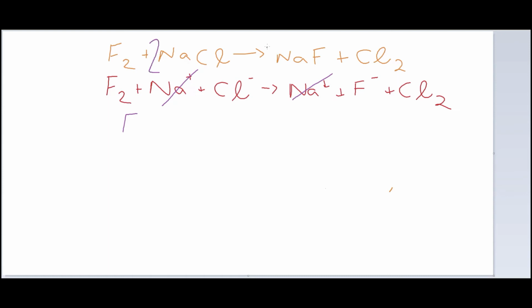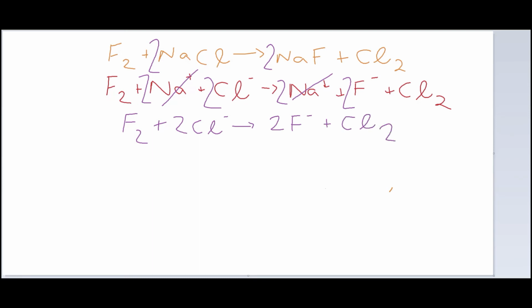I should put a 2 and a 2 here, which means this would have a 2, that would have a 2, and that would have a 2, because I have 2 fluorides. Okay, now I can do this. F2 reacts with 2 chloride ions to produce now 2 F minuses, 2 fluoride ions, and Cl2. Okay, so that is my net ionic equation.